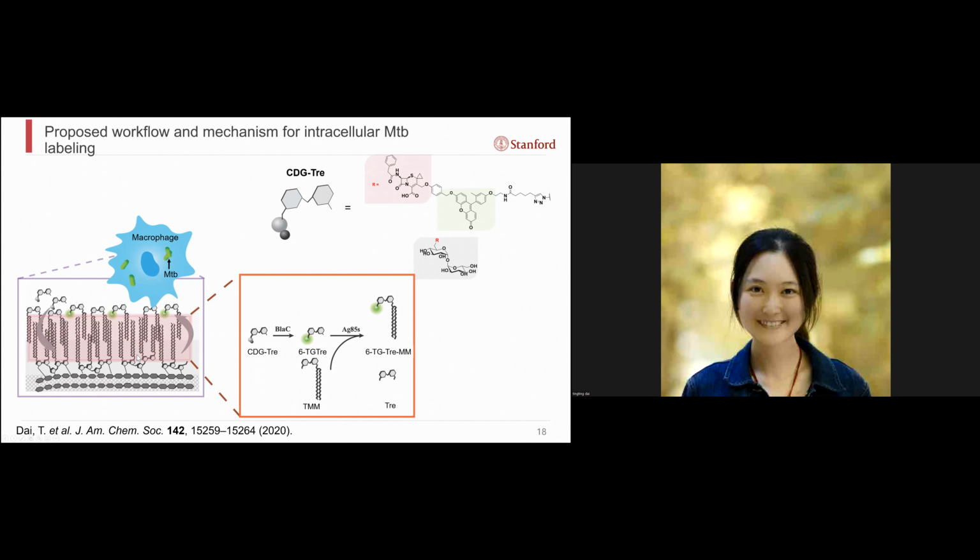And then we can achieve first more specific, and second higher signal-to-background ratio of the detection.